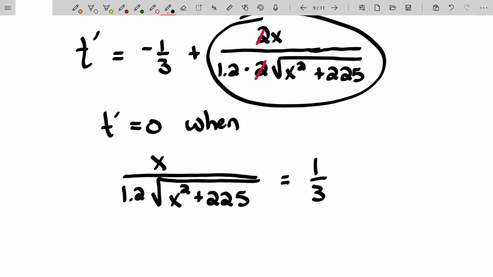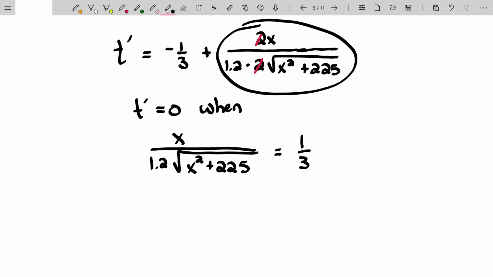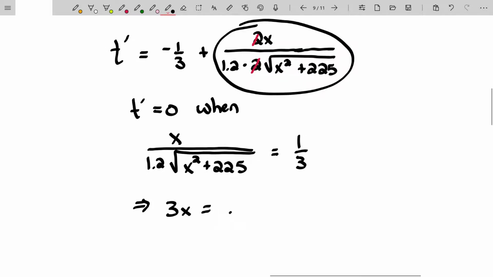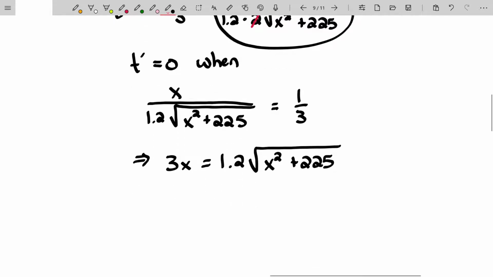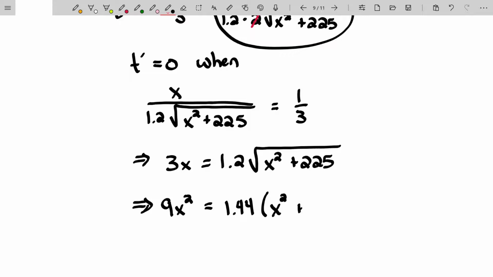Cross multiply, and that becomes 3x is equal to 1.2 root x squared plus 225. Square both sides, and you get 9x squared is equal to 1.44 times the quantity x squared plus 225.